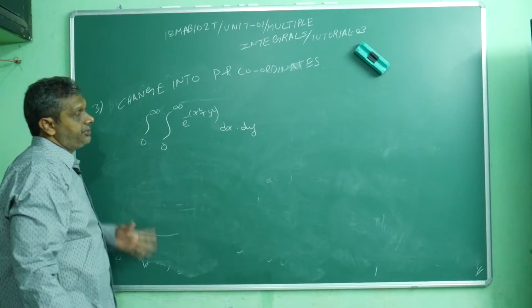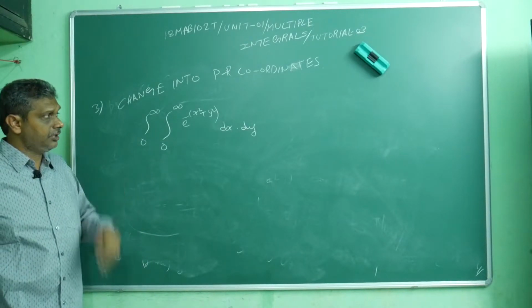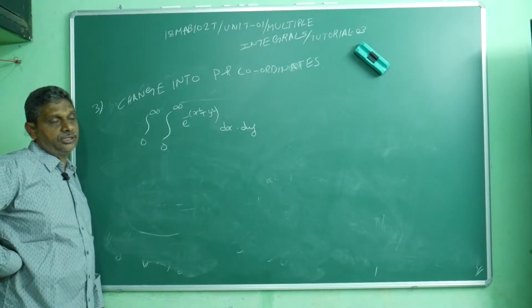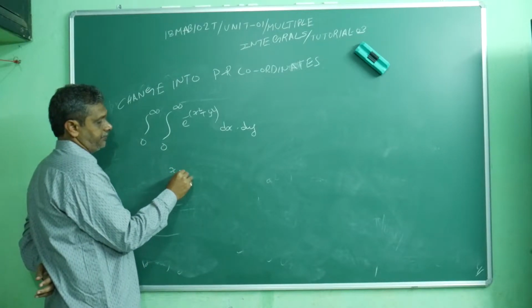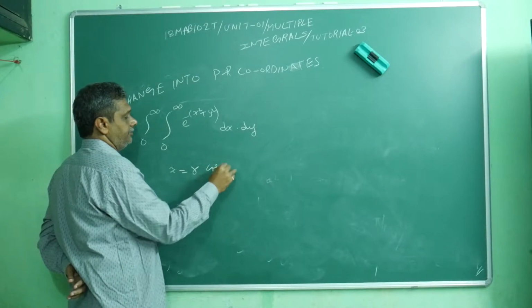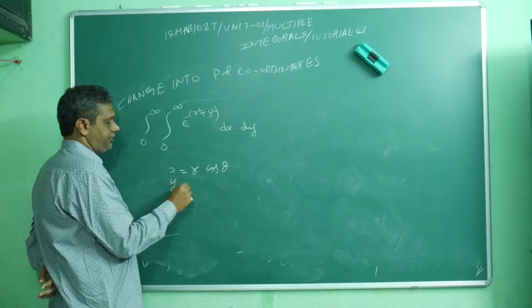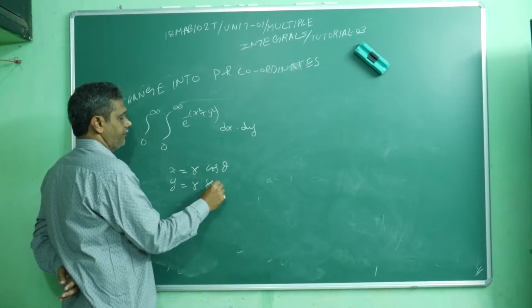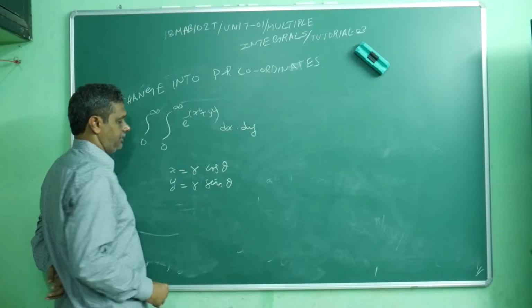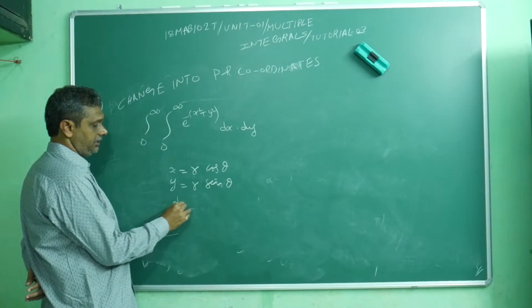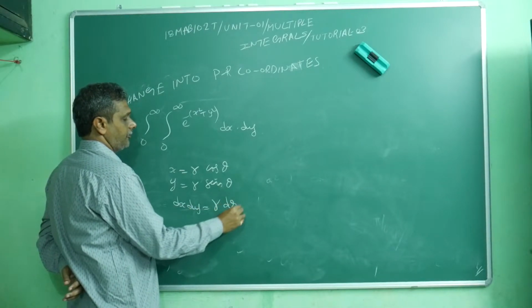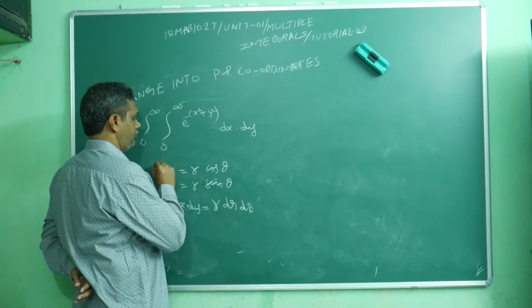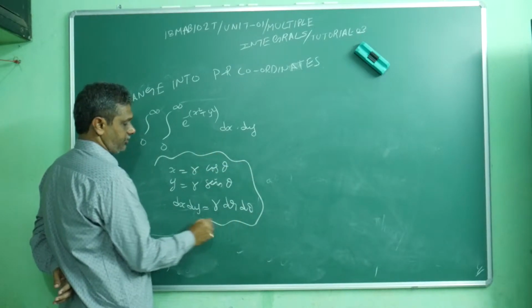If you want to change Cartesian coordinates to polar coordinates, some substitutions you can follow. Put x is equal to r cos theta, y is equal to r sin theta, then dx dy becomes r dr d theta. So standardly you can remember all these.